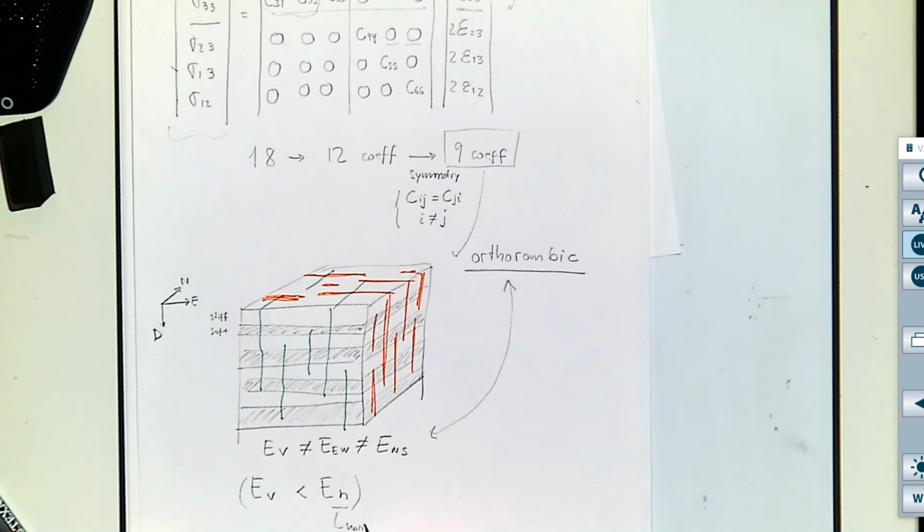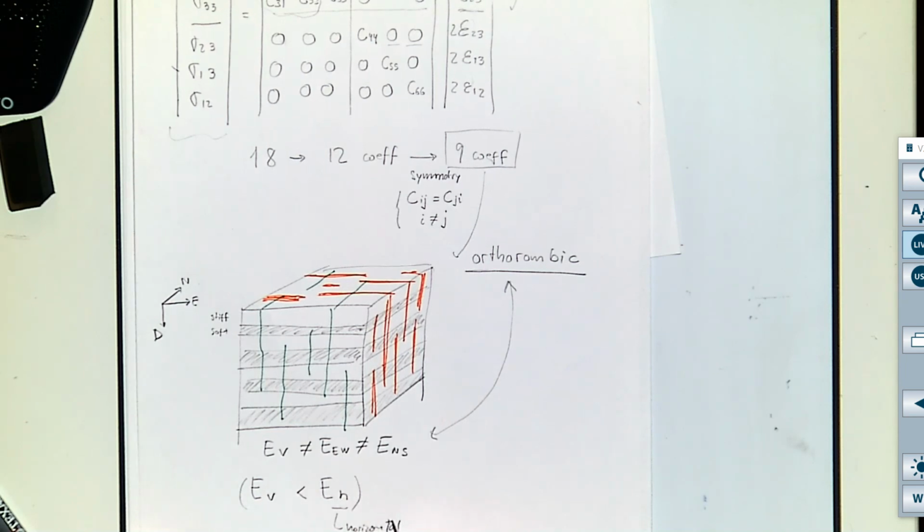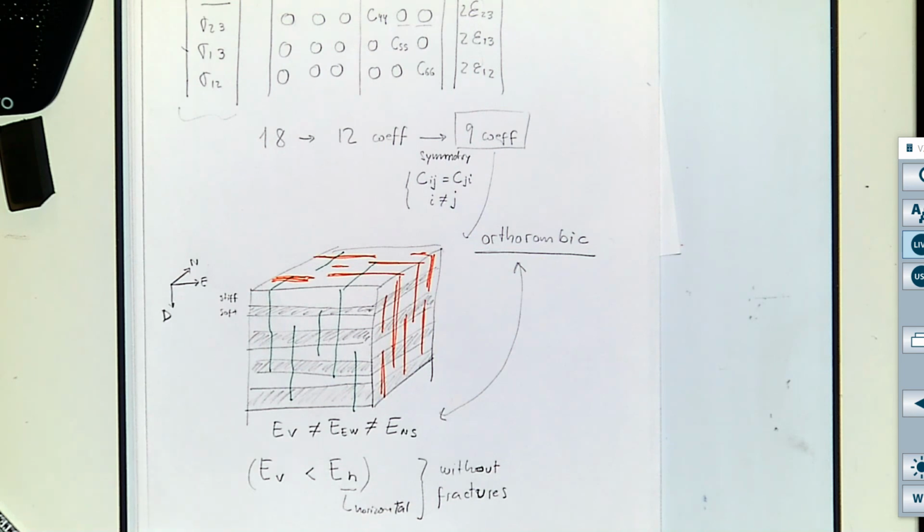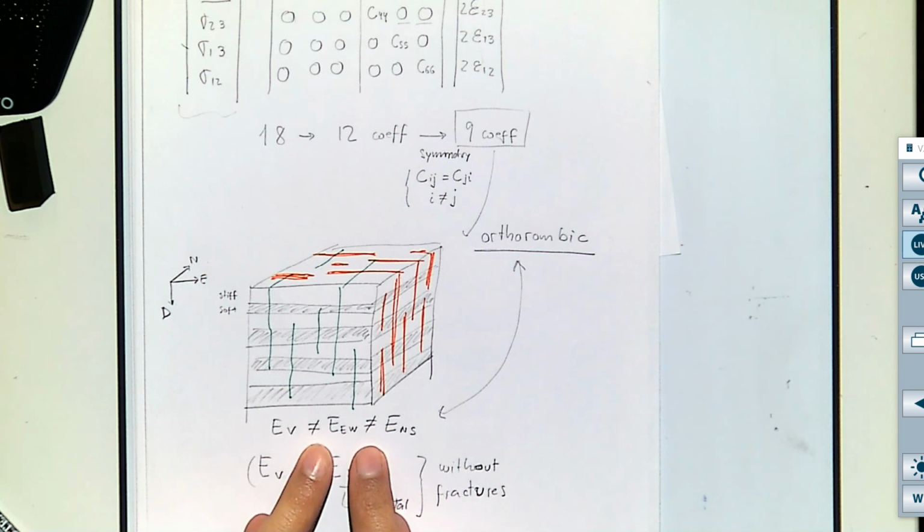But this case is without fractures. Now that we have added fractures, this may change. It's not going to be the same anymore. But in general, in rocks without fractures, if you just put layering, the vertical Young modulus is going to be smaller than the horizontal modulus. And that's why here I just put all different, because we really don't know.